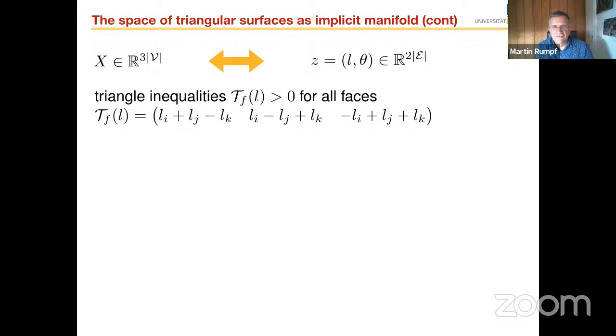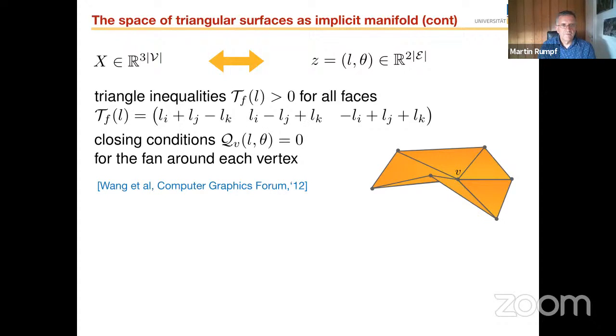So there are conditions which have to be fulfilled. The obvious first condition is just the triangle inequality, which is an inequality of this type: T_f of L is larger than 0, where T_f of L consists of these three terms here. And for each interior vertex, if our surface is of disk type, there is one closing condition.